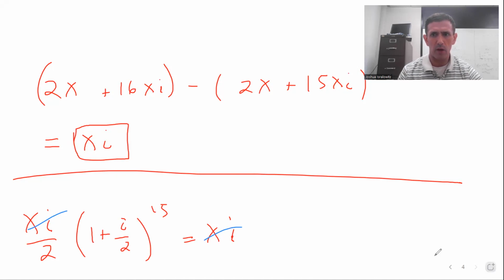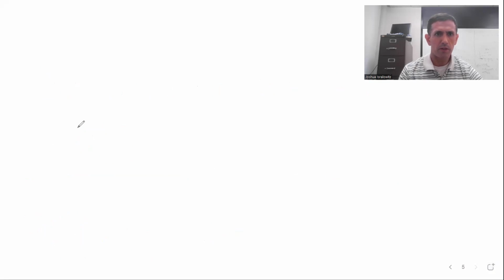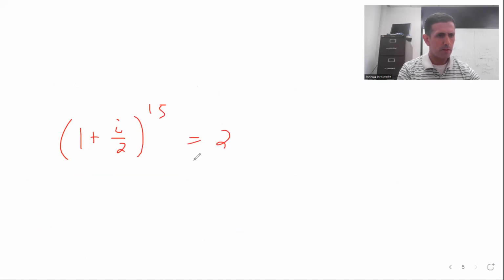I have 1 plus i over 2 to the 15th equals 2. And all you do now is solve for i. So i is going to be 0.0946.